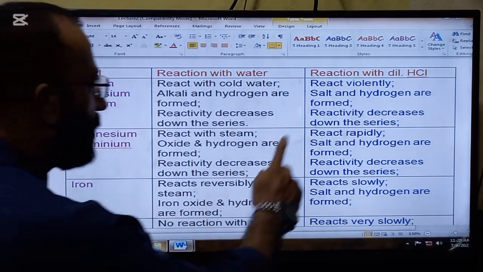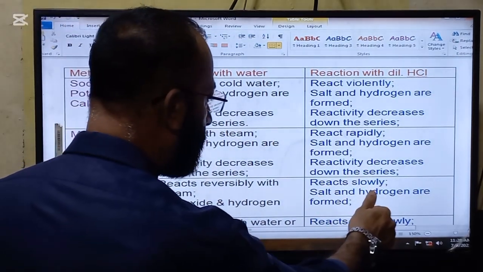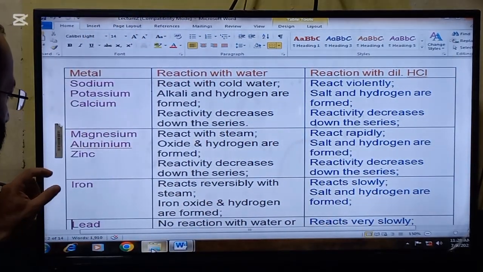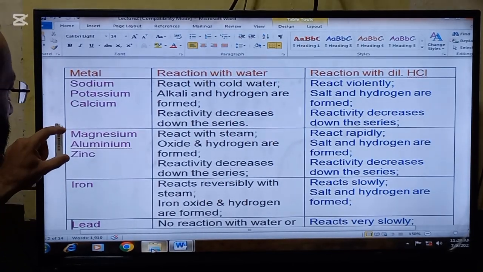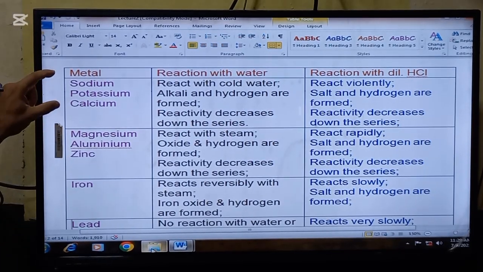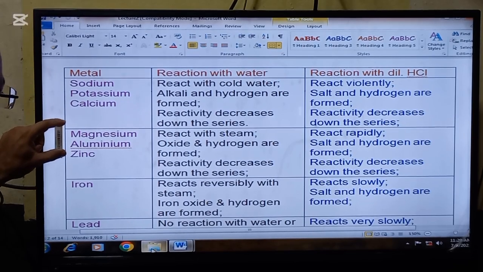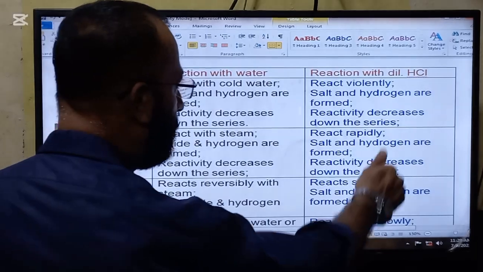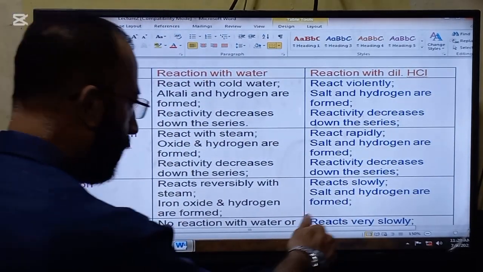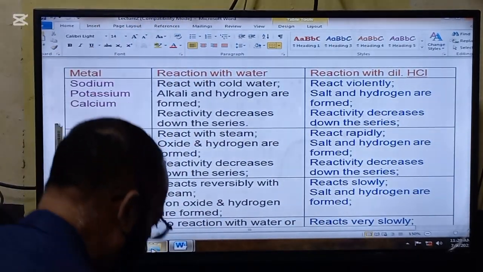When iron reacts with dilute HCl, it reacts slowly because this metal is even less reactive than these three metals. These are most reactive metals, these are lesser, and this is even lesser. So it reacts slowly with dilute HCl. Salt and hydrogen are formed.